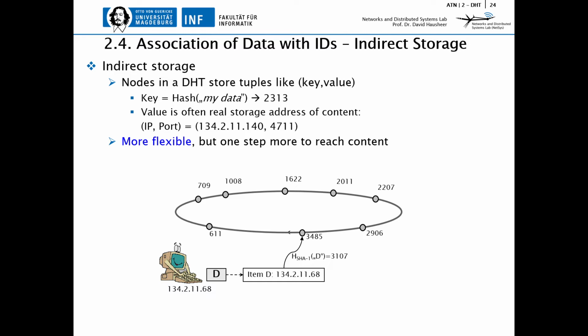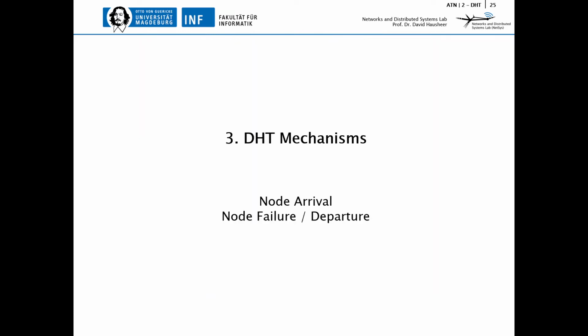The only drawback here is that we require one more step to reach that content, because we first only get the IP and port number or whatever refers to the actual content, and then we need a separate step to retrieve the content from that location.